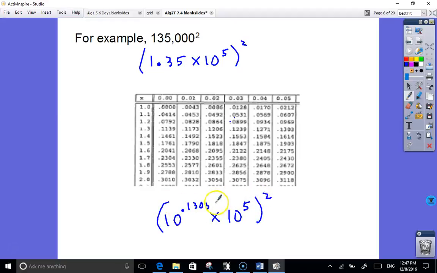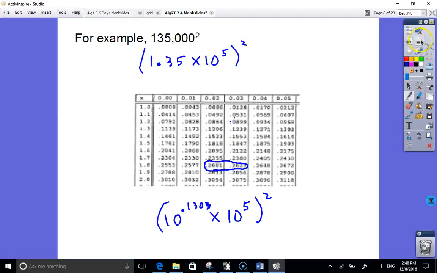So ultimately you're going to end up multiplying, or adding 0.1303 plus 0.1303. 10 to the 5th squared is 10 to the 10th. 0.1303 plus 0.1303 would be 0.2606, which you could see that would be like in between these two values here. So it would be somewhere in between 1.82 and 1.83. And we would actually have to make a proportion to figure out exactly, where should it be. But that's the way things were done in those days.